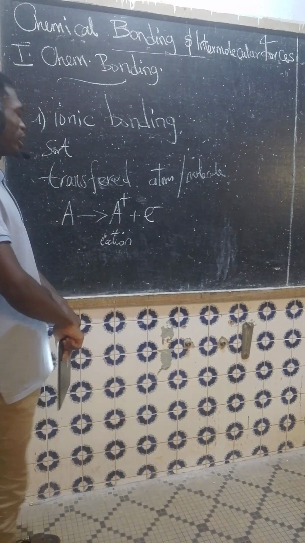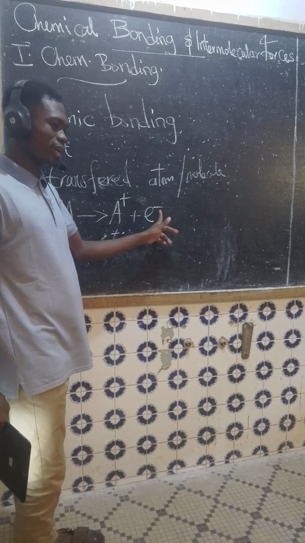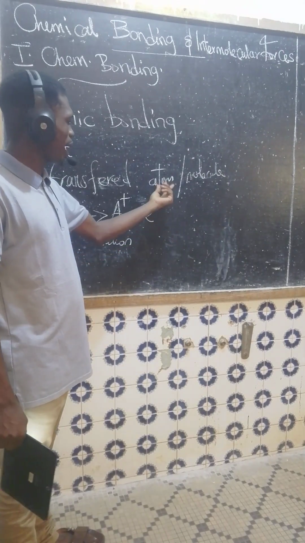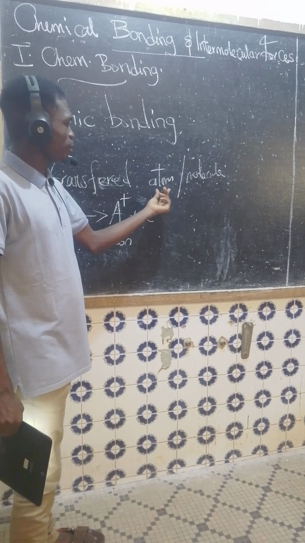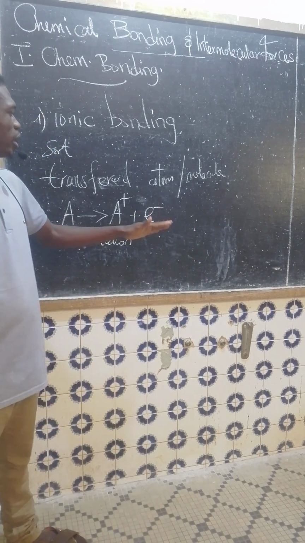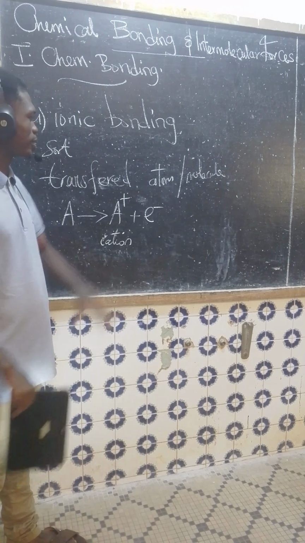Now, why does it obtain a positive charge after losing an electron? Electrons are negatively charged. An atom normally is neutral, right? Yes, because for a neutral atom, the number of protons is equal to the number of electrons, so it's balanced.